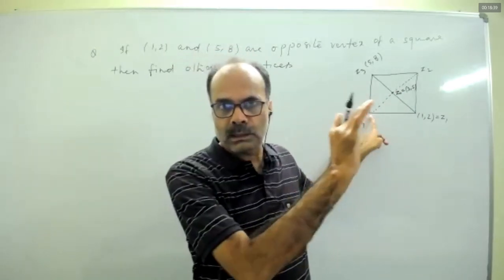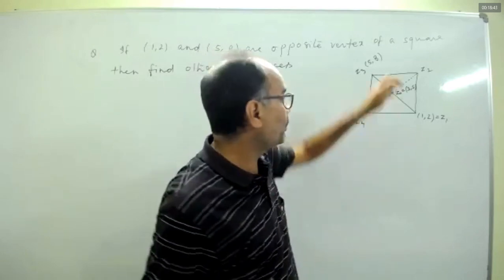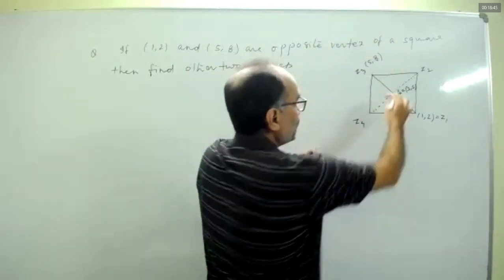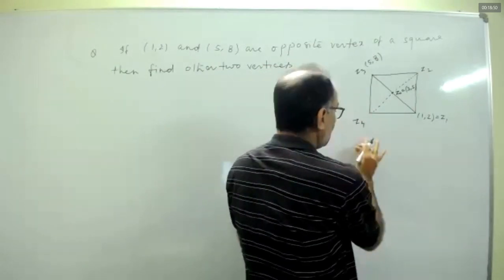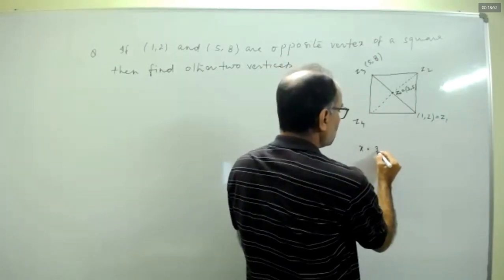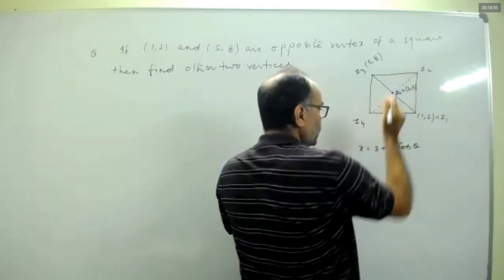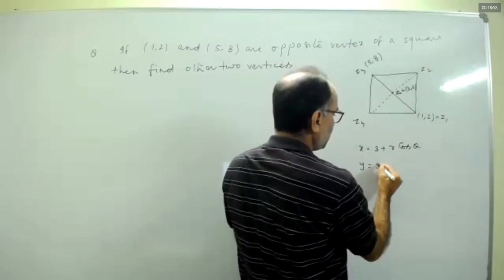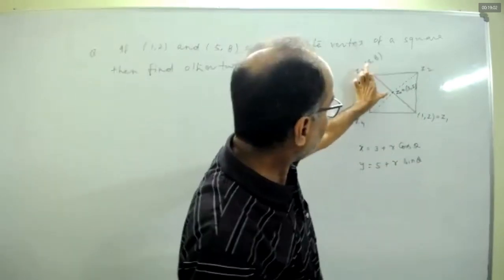Whenever we have distance or coordinates, we will apply the parametric form. We will write the parametric form of this line, Z1, Z2. x equals 3 plus r cos theta, taking this as the basic point, y equals 5 plus r sin theta.